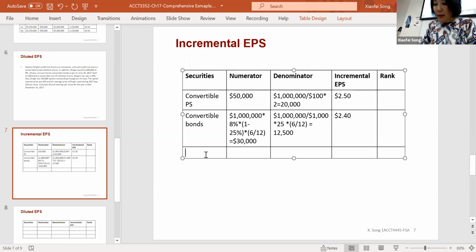And the next is the options. They have 100,000 options outstanding. They didn't say anything, so we have to assume that each option is issued to purchase one share. There will be no impact on the numerator.